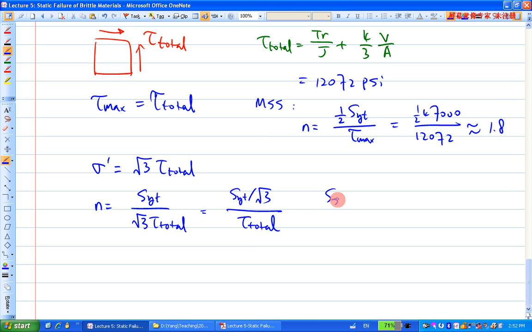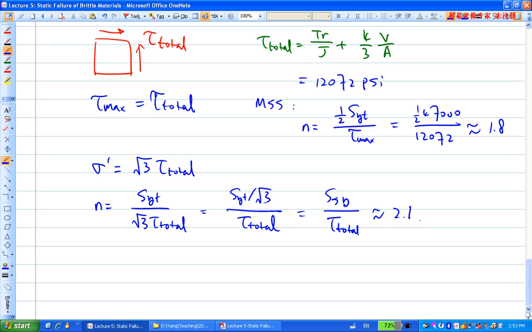So what are we comparing here? We're comparing that with the shear stress in the element at the location. You see, this is exactly the same thing. This is pure shear, so now you have a one-to-one comparison of the DE with MSS. Apparently this is going to be higher, approximately 2.1.